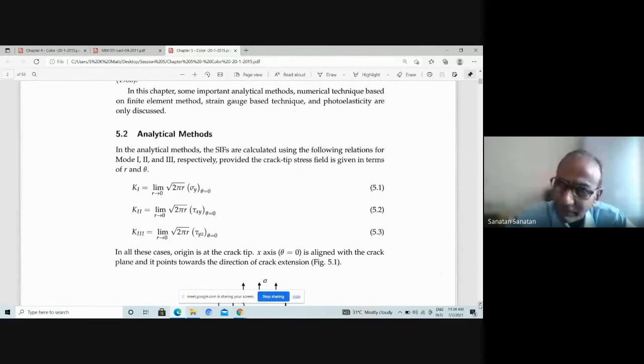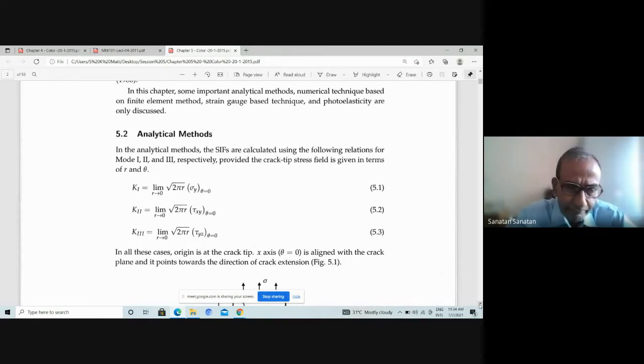Sigma y is given in terms of r and theta. If you take the value of sigma y corresponding to theta equal to 0, that is along the x-axis, and take this limit, root 2 pi r multiplied by sigma y, it will give you the value of mode 1 stress intensity.